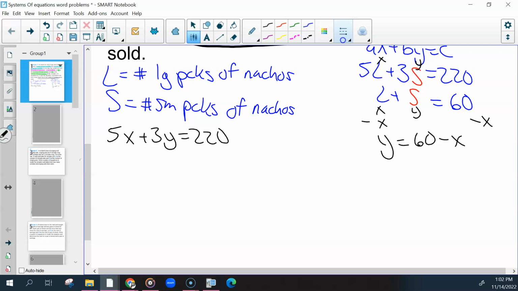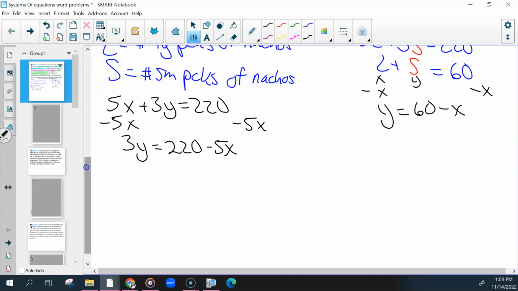So we would get y by itself by moving the x term, just like the other problem. Subtract 5x. Divide everything by 3. These are both going to give me fractions, so I'm just going to leave them both as fractions.